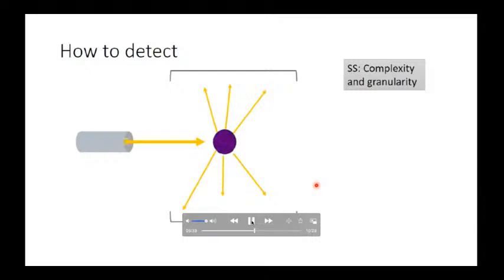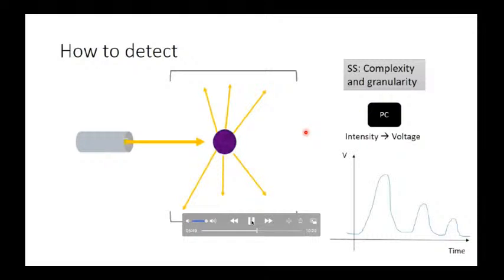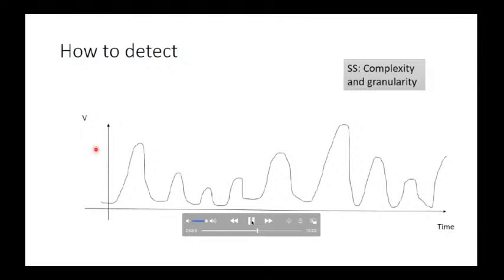Similarly to what we saw in forward scattered light, the detectors are connected to the PC, which is going to convert the intensity of light into voltage, and then I will get something similar to this. So the side scattered light data will be similar to the forward scattered light data.